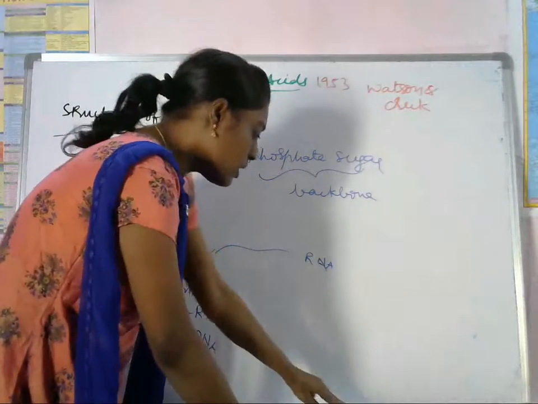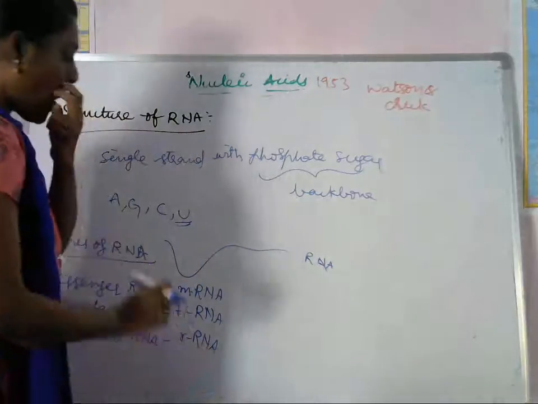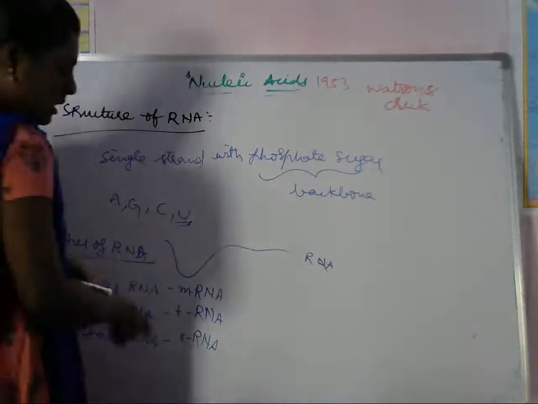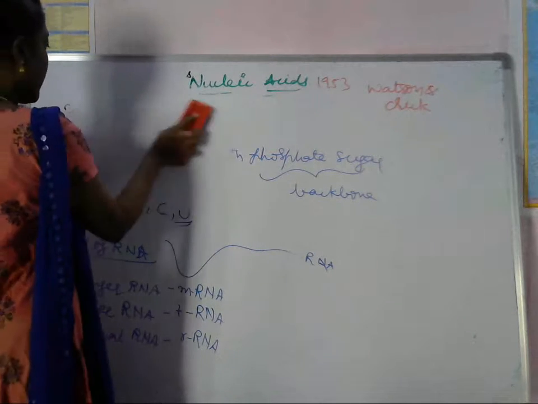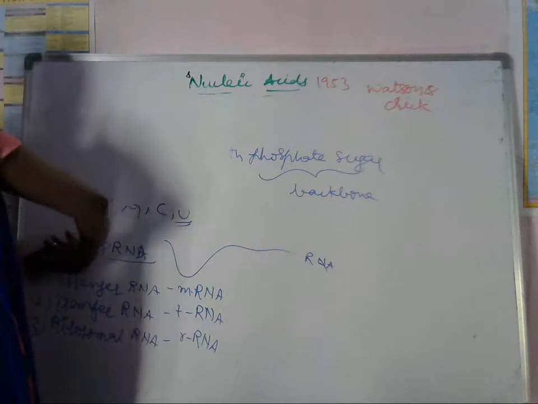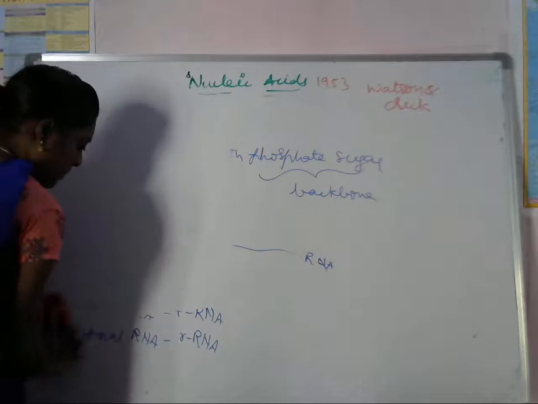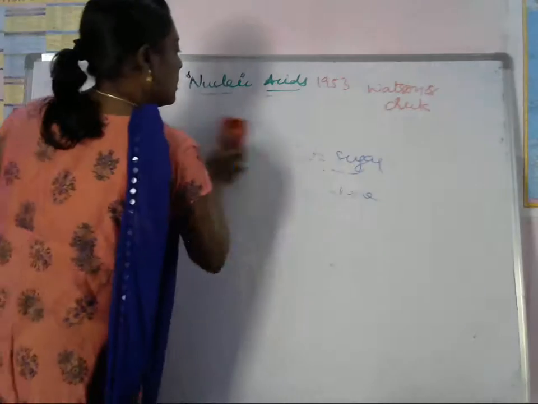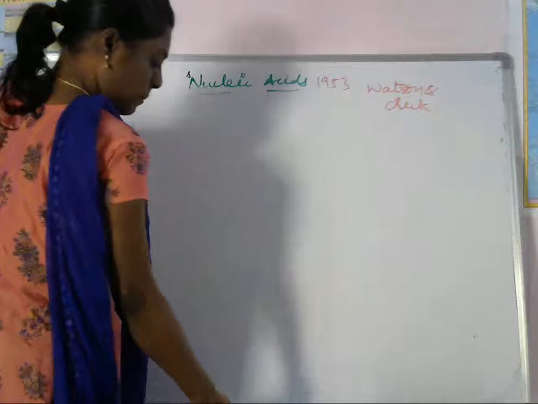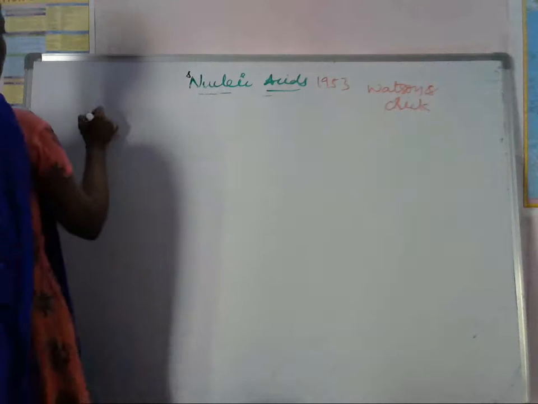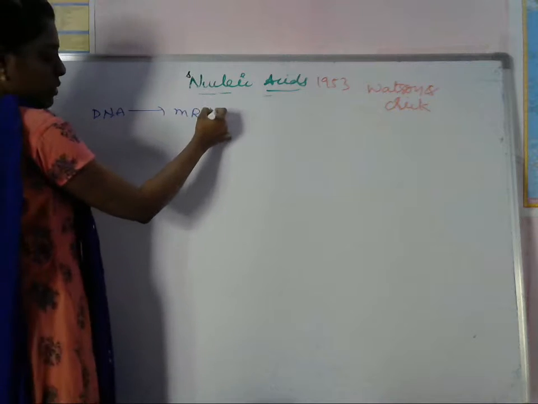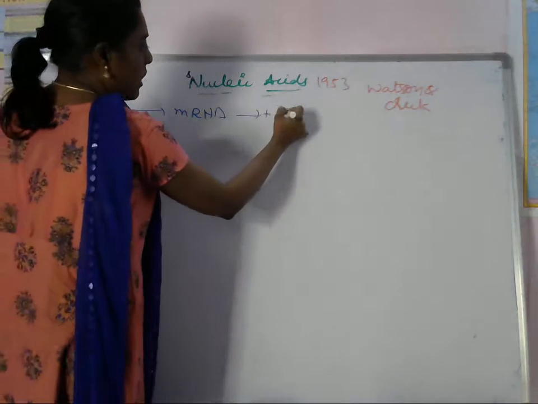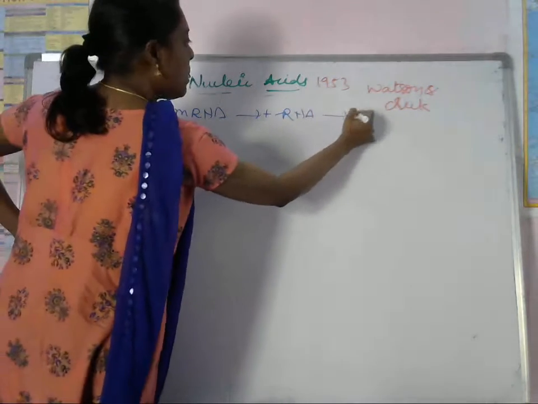Next, let's see how heredity is carried by nucleic acids. From DNA it forms mRNA, mRNA forms tRNA, and next it leads to protein synthesis.